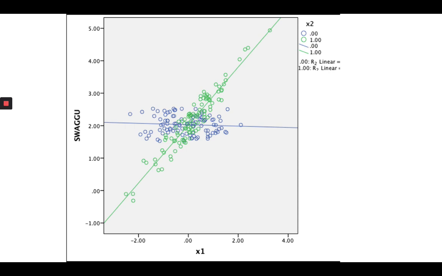As you can see, with x2 equaling 0, there is a flatter line as opposed to when it equals 1. You see intercepts as well as slope differences between both lines. But more specifically, when x2 equals 0, you do not see a slope difference.